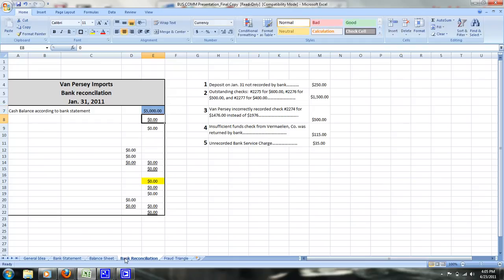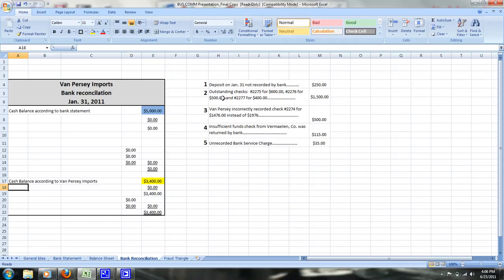Bank reconciliations are usually separated in two parts. The top part is usually the bank side, and the bottom part is usually per company. I'm going to go ahead and write in the cash balance per our books real quick.